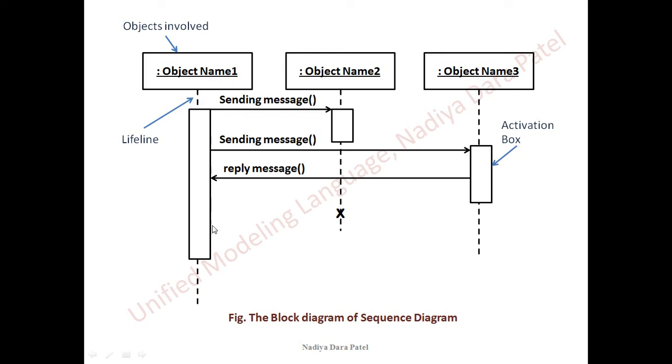So if the lifeline is straight and long, the activation box of the respective object should also be straight and long. On the contrary, say for example there is an object which is going to be in our system for a very short period of time. It is going to have a very short role. Then its lifeline is supposed to be short. Its activation box, which is going to hold all the activities performed by that object, should also be small.